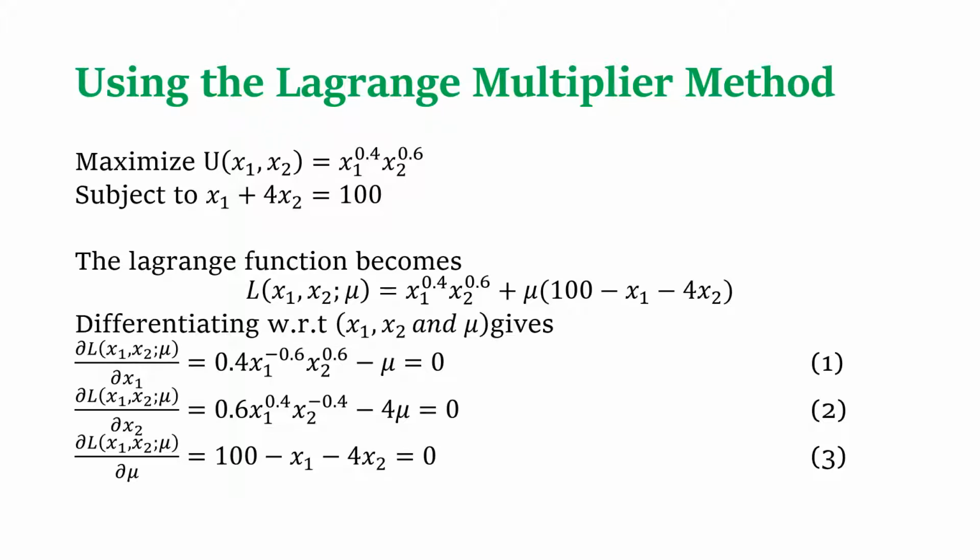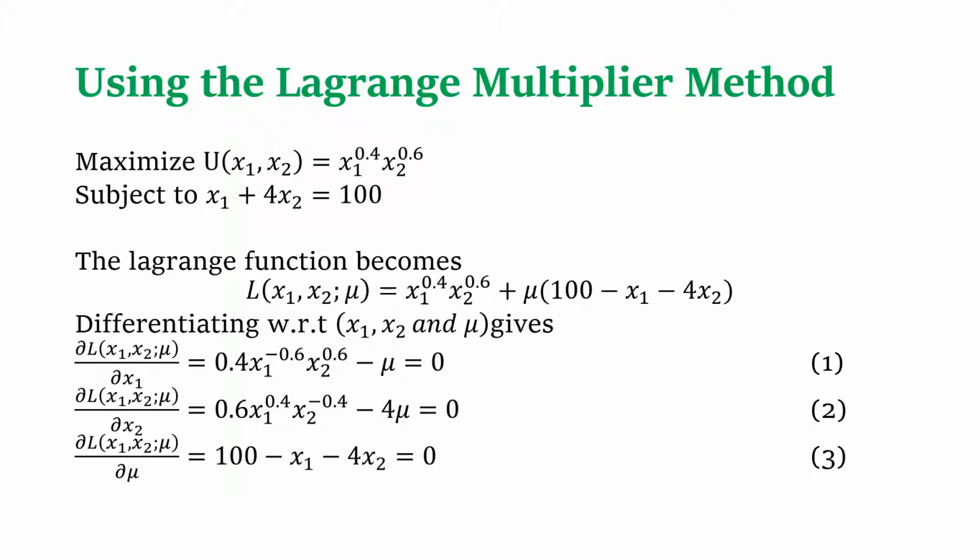What I do now is to differentiate the Lagrange function with respect to x1, x2, and mu, and then equate to 0. Right? So I differentiate the Lagrangian with respect to x1, x2, and mu. Now remember, these three variables are what we are going to look for.